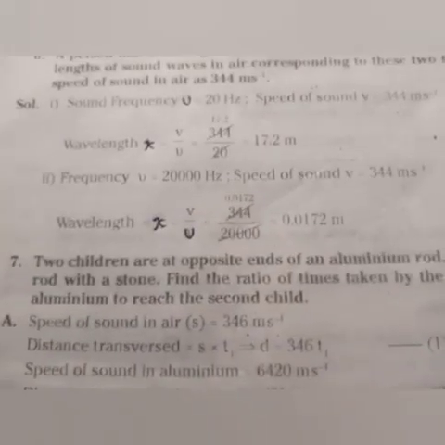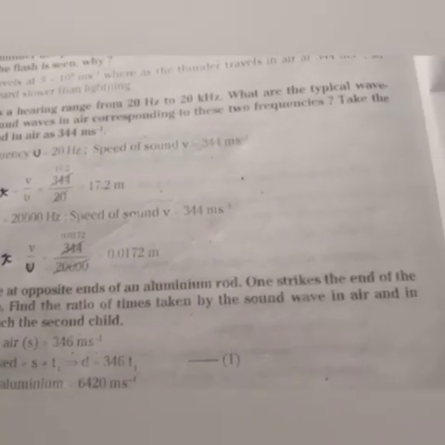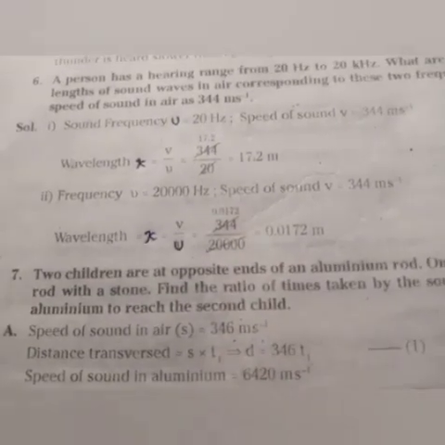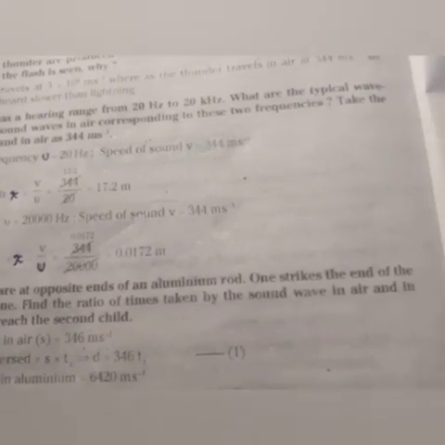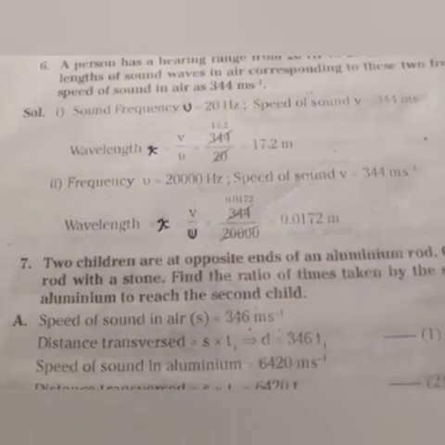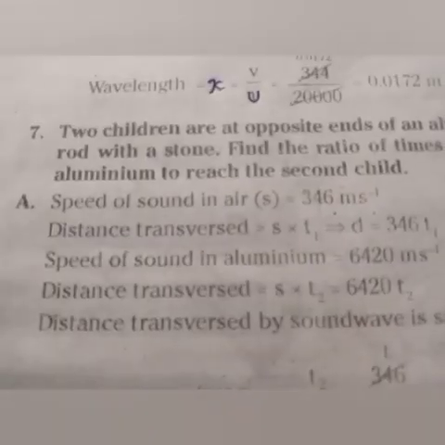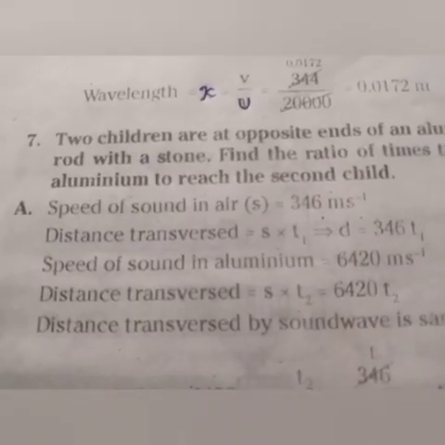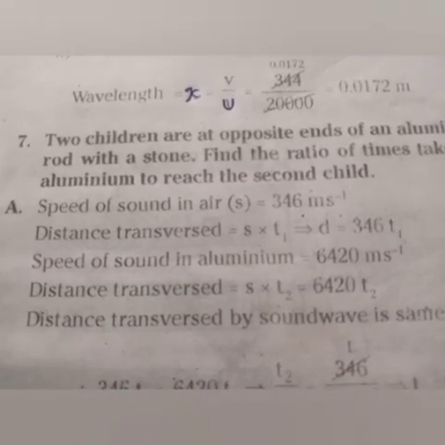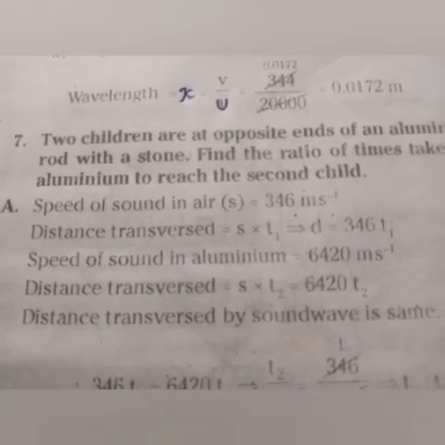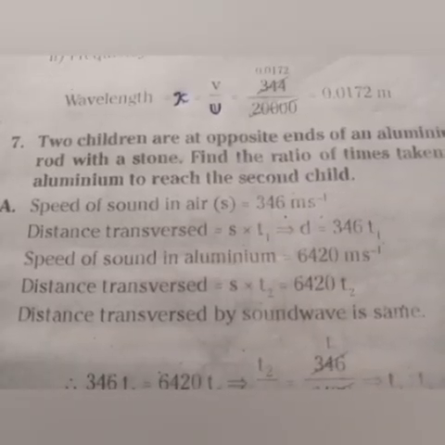7th question. Two children are at opposite ends of an aluminium rod. One strikes the end of the rod with a stone. Find the ratio of times taken by the sound wave in air and in aluminium to reach the second child. Answer. Speed of sound in air s = 346 m/s. Distance traversed D = s × t1, implies D = 346 t1.